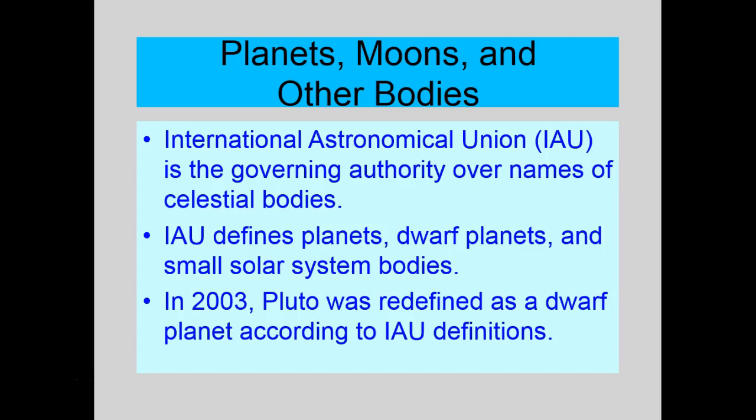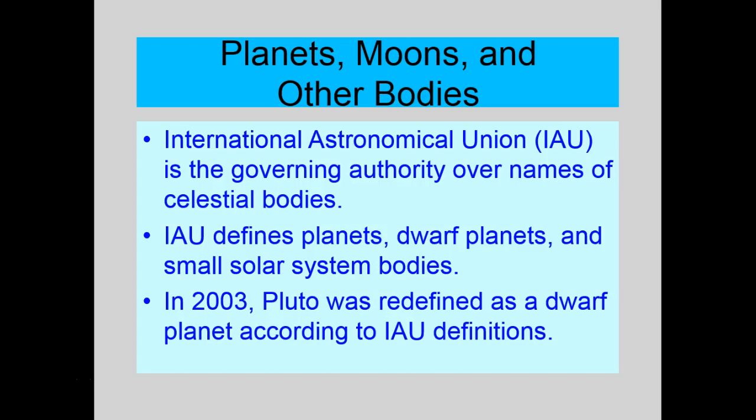And the IAU also defines what makes a planet a planet. What makes a dwarf planet a dwarf planet. What makes the smaller solar system bodies and which way we classify them. Okay? And in 2003, most of you were born by then, weren't you? Okay, good. But you were pretty small, young. Long time ago.